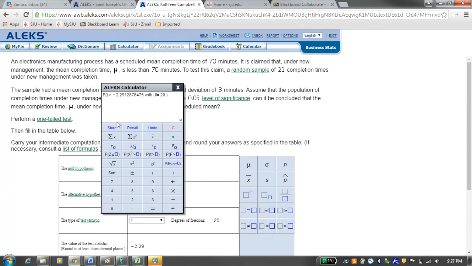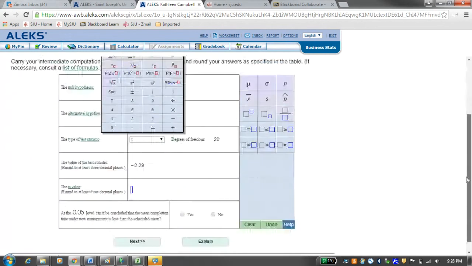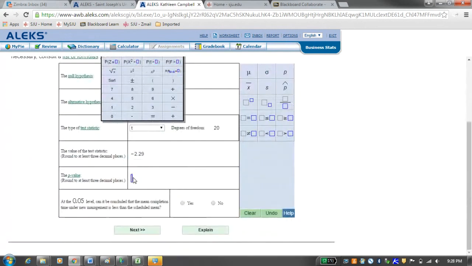I wanted less than, and that's okay. It's just when I'm done, I take 1 minus answer. 1 minus answer gives us 0.0165. And yes, we can reject.